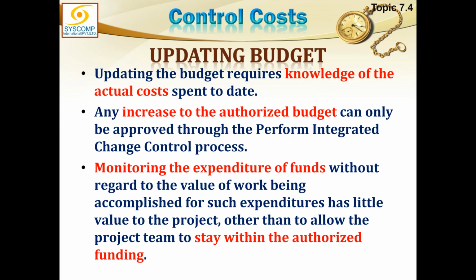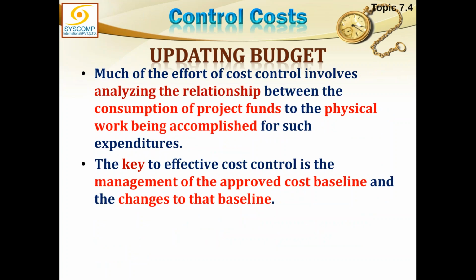One is how much money has been spent and how much work has been done. So these two items I'll be comparing with my planned value and see whether I am ahead of schedule or behind schedule, or I am overspending or underspending. So this I have to somehow determine.